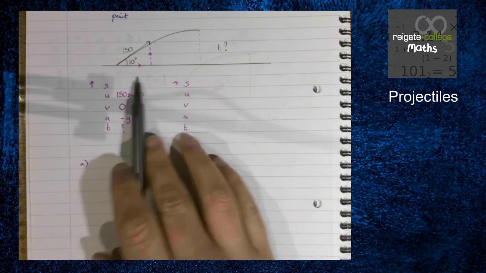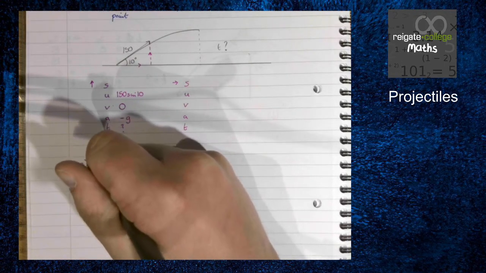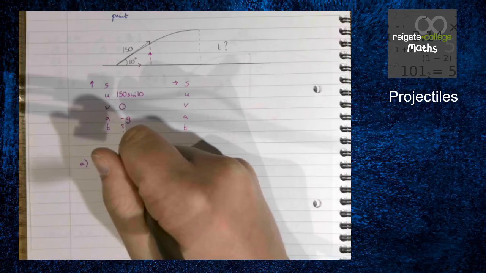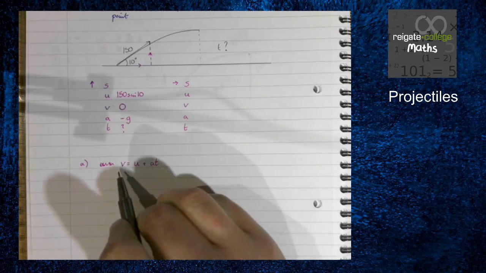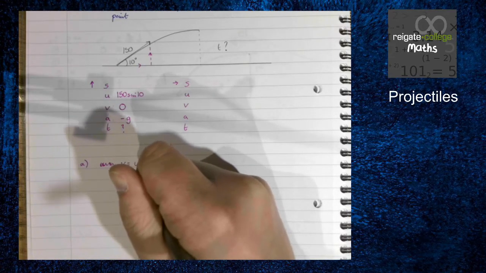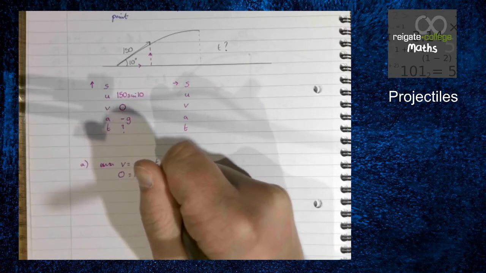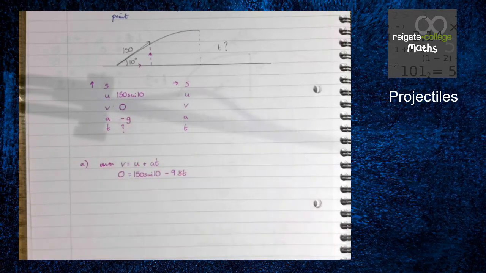So we don't know S, so we use the suvat equation without S. v equals u plus at. So v we know is 0, u is 150 sine 10, a is minus g, and we're trying to find time.